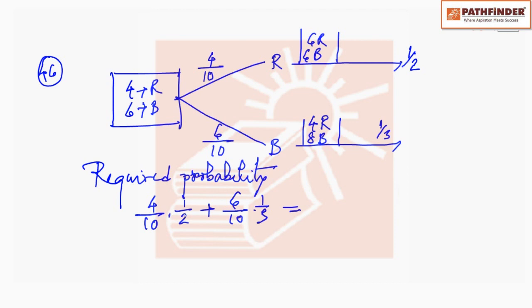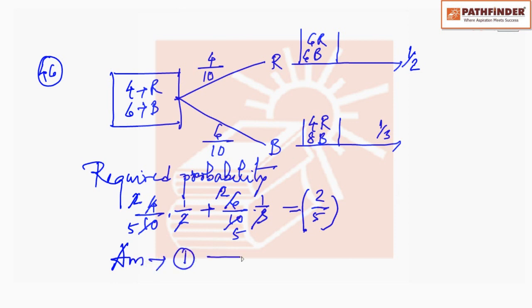So we can choose this as 2 by 10, or 1 by 5. Here also we can choose 2 by 10, or 1 by 5. So 1 by 5 plus 1 by 5, answer is 2 by 5. So 2 by 5 is the required probability.